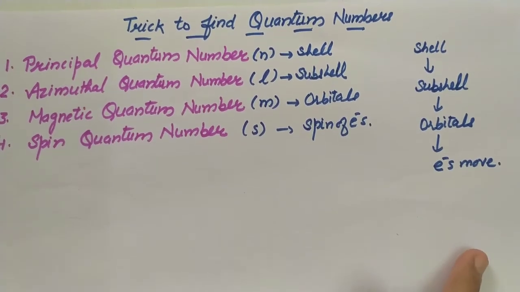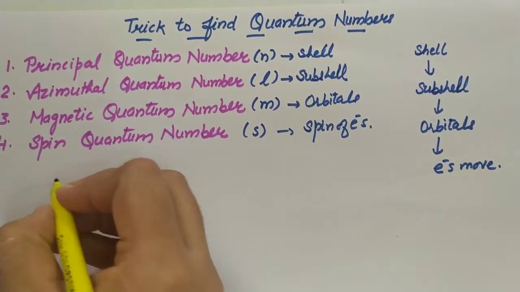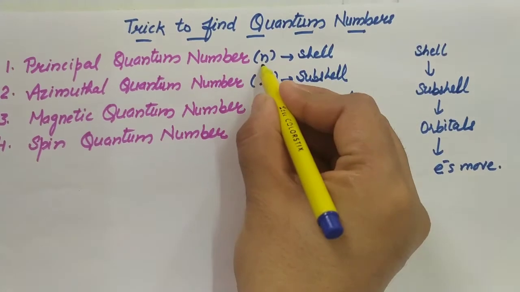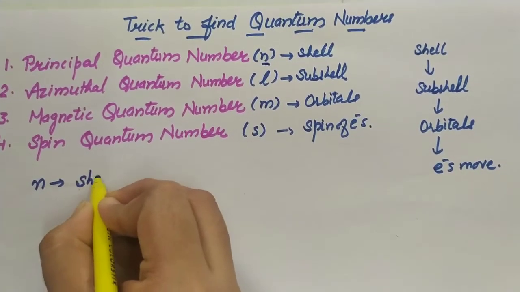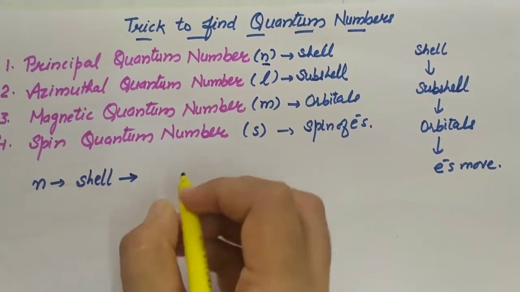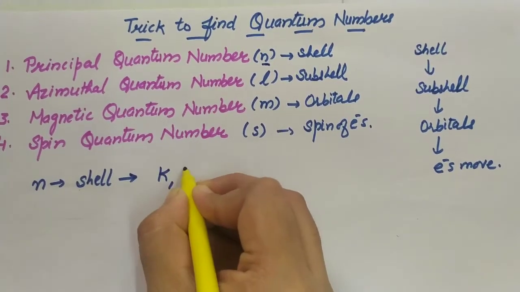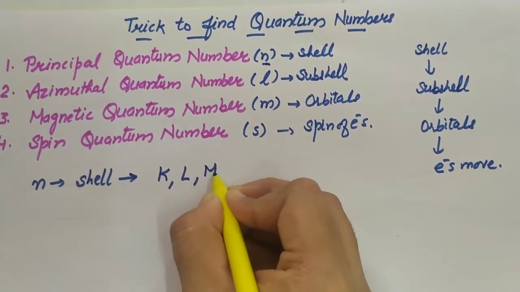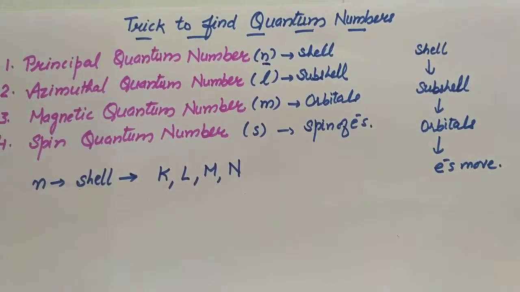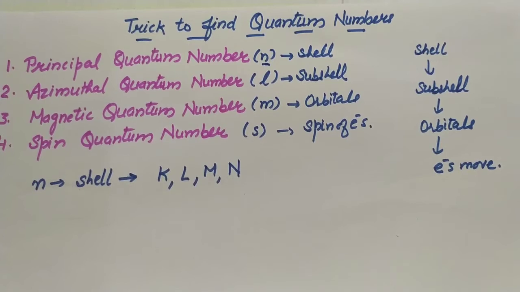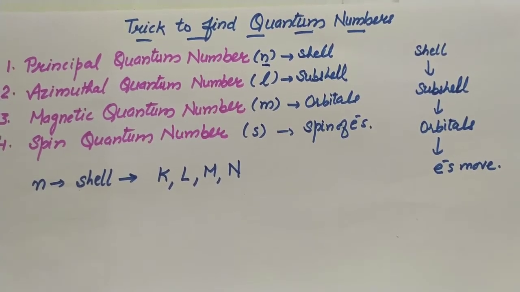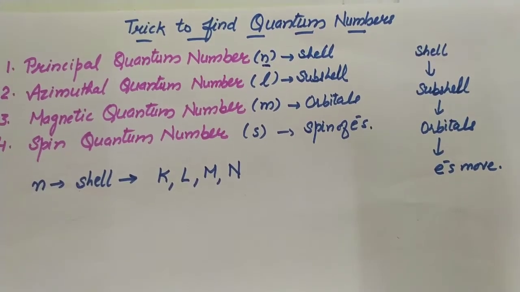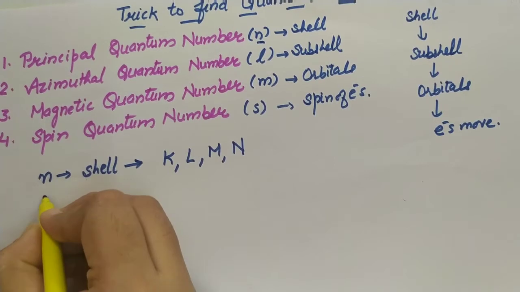Before going to the example, firstly I give the introduction about the number n. n means shell, and in an atom, shells are represented as K shell, L shell, M shell, N shell, and the number n means the shell at which the last electron enters, and this can be well explained with the help of electronic configuration.